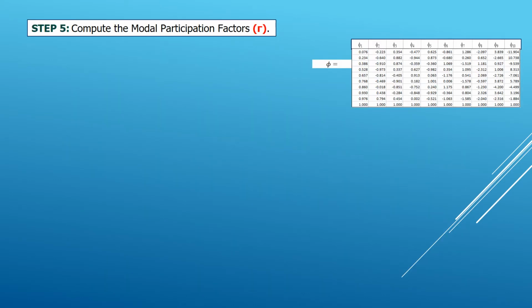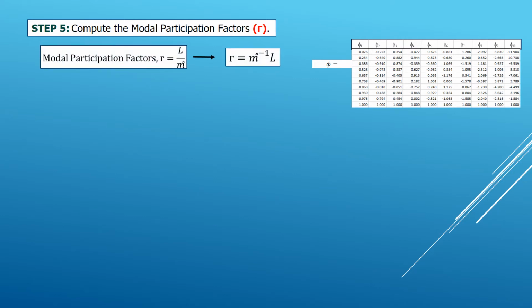Step 5. Compute the modal participation factor. So, ito yung result natin kanina sa eigenvector of every mode. To compute the modal participation factors, ito yung formula. R is equals to generalized mass matrix over coefficient vector.